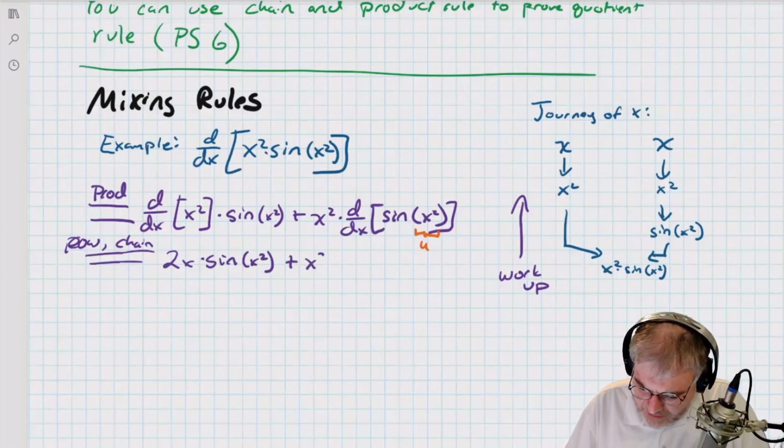Plus x squared baggage. Now I'm going to deal with this. I'm going to have the derivative with respect to u of sine of u times the derivative with respect to x of u.